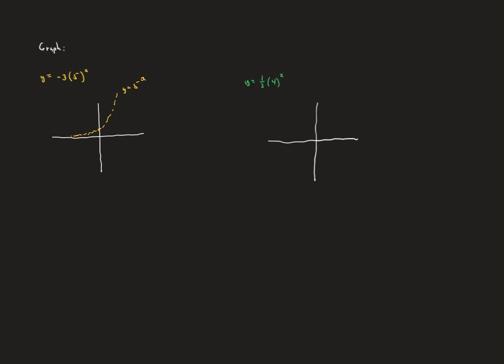Now the negative part is going to reflect this in the x, so now it's going to look something like that. There's our negative 5 to the x power. Now the 3 is going to multiply every y value by 3. In particular, this one that was at -1 is now going to be at 0, -3.